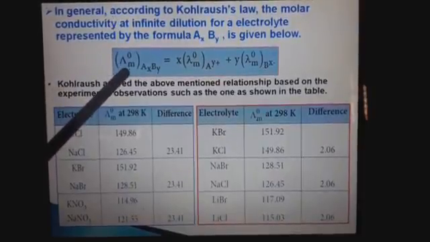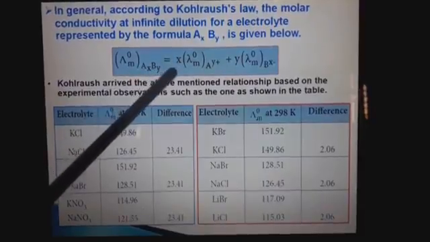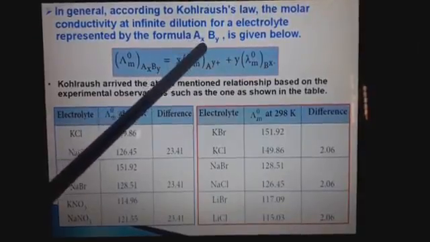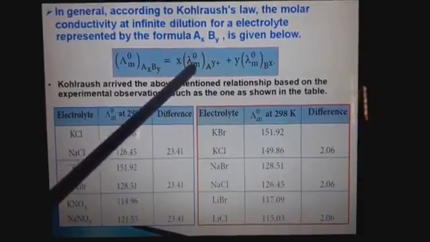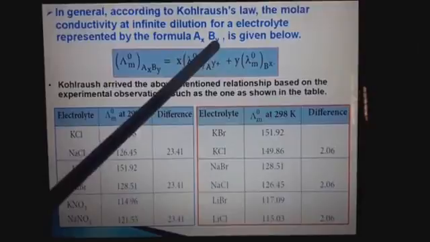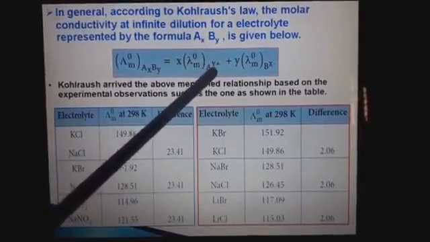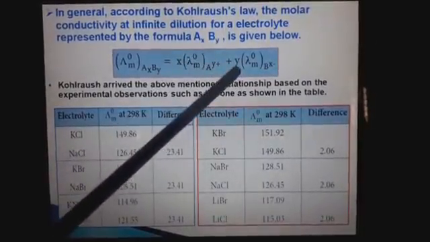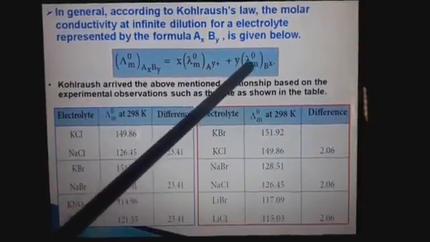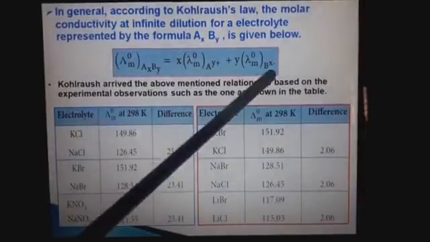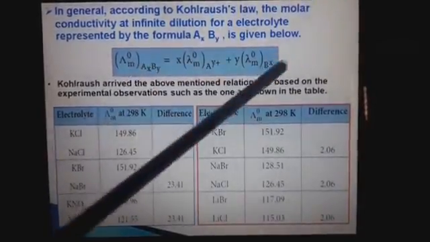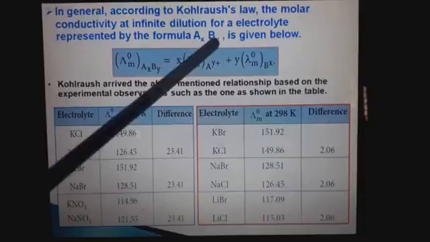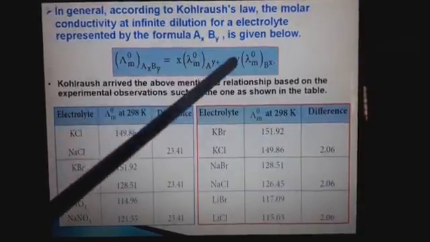Lambda 0 m of AxBy is equal to x, the number of A atoms, into lambda 0 m of A, plus y, the number of B atoms, into lambda 0 m of B. So this is the relationship in this equation for the molar conductivity of AxBy at infinite dilution.